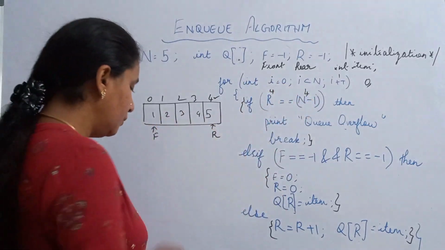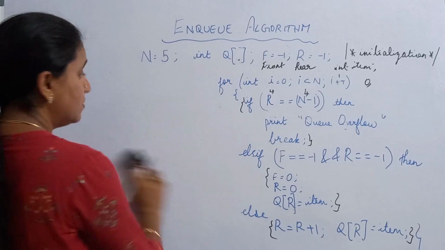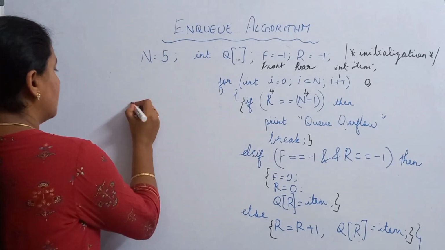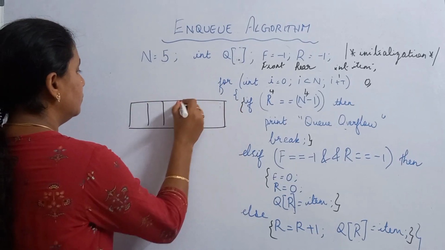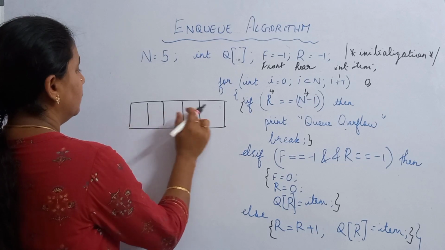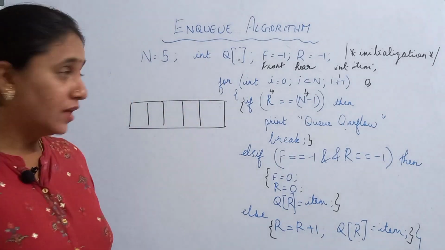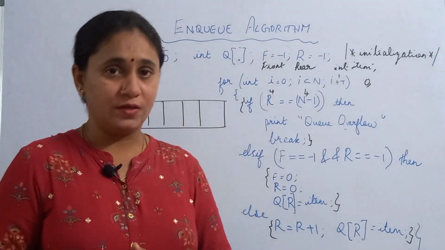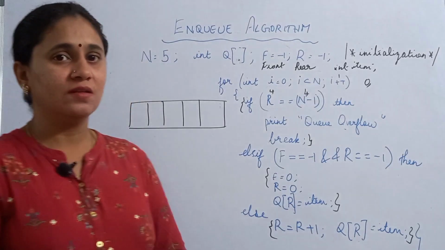Right. Now we will assume that the queue is empty, that is, there are no elements in the queue, 1, 2, 3, 4, 5. Now you tell me where the front and rear pointer are going to point, because the queue is empty, isn't it? There are no elements present in the queue.